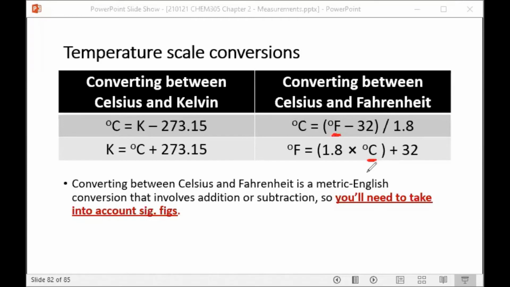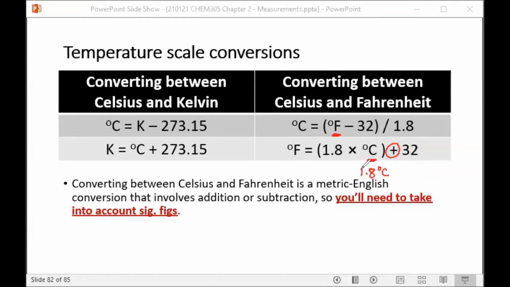So if you start with, say, 1.8 degrees Celsius, because this problem involves addition, when you add numbers that have sig figs, you have to pay attention to the precision of the numbers that you're adding. It's not based on the total number of sig figs, it's based on the precision.